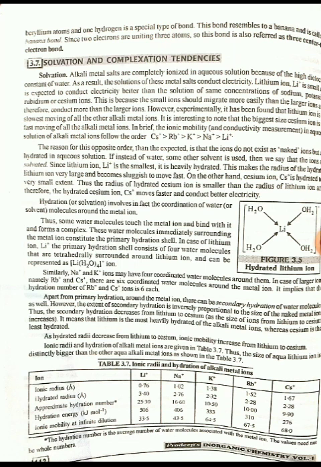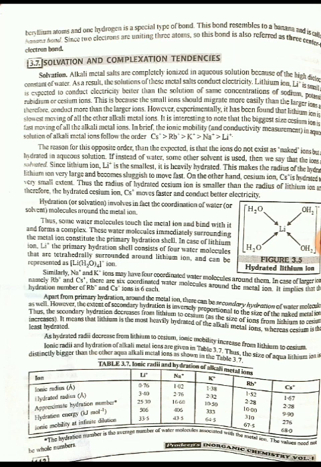Similarly, sodium and potassium ions may have four coordinated water molecules around them. In the case of larger ions, namely rubidium and cesium, there are six coordinated water molecules around the metal ion. It implies that the hydration number of Rb+ and Cs+ is 6 each.